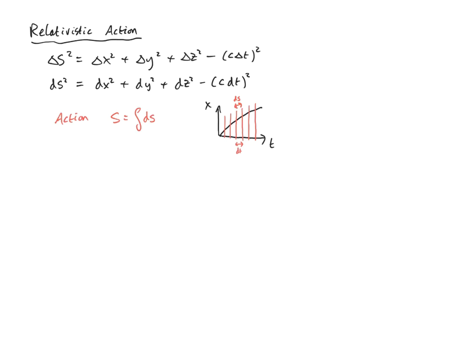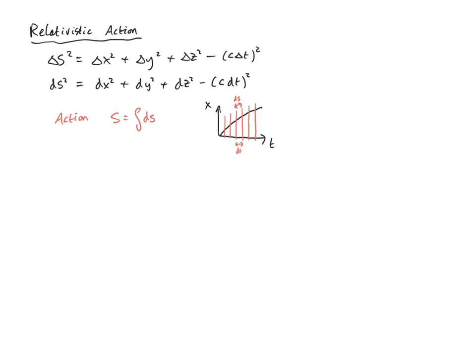That will ensure that as we send delta t to the infinitesimal dt, and therefore we sum from delta s, we replace that sum by the integral of ds, it ensures that the result will converge. So what should we pick for our relativistic action? Well, one candidate is just to square root this object, delta s squared, and then sum that up.